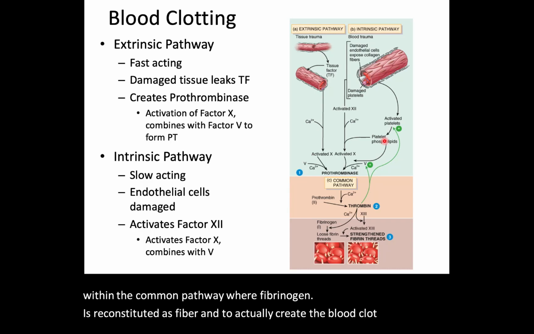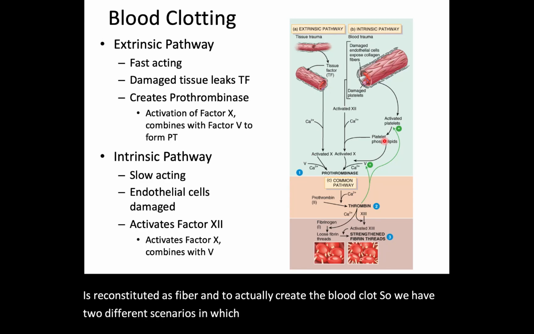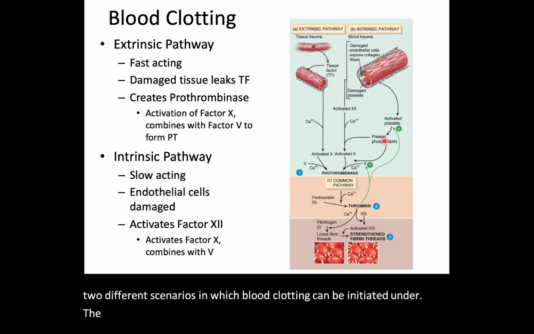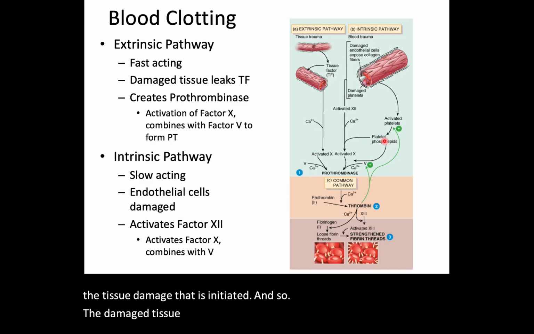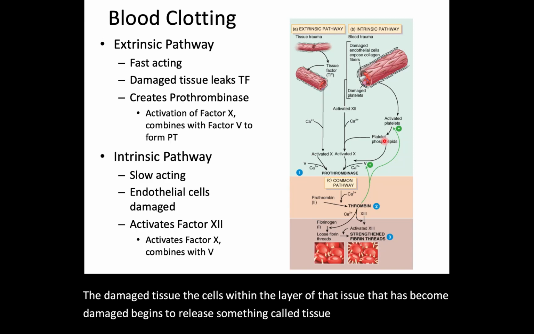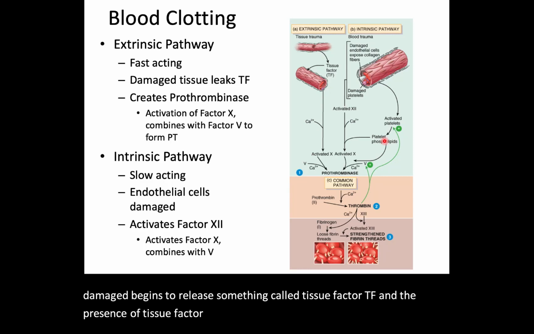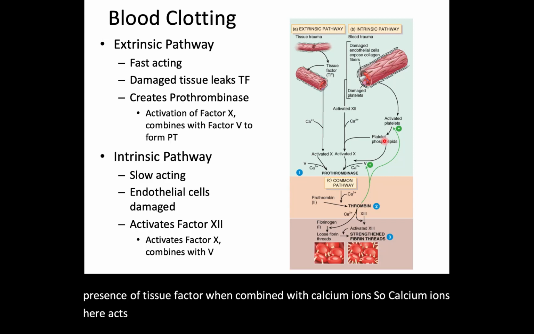So we have two different scenarios in which blood clotting can be initiated. The extrinsic pathway is a little bit faster in response, mainly because of the tissue damage that is initiated. The damaged tissue, the cells within the layer of the tissue that has become damaged, begin to release something called tissue factor, TF. And the presence of tissue factor, when combined with calcium ions, so calcium ions act as a regulator.